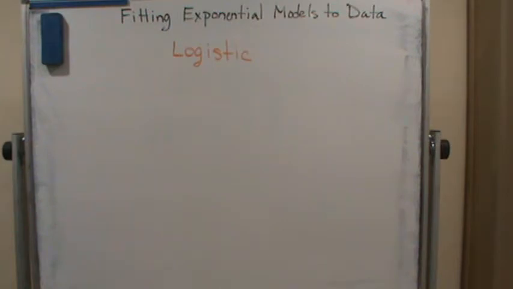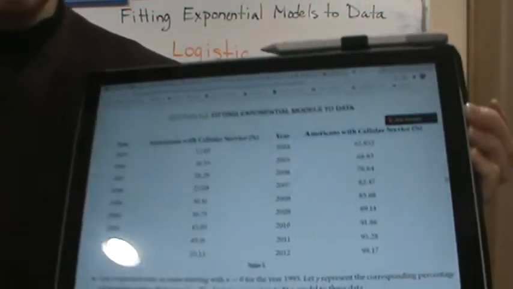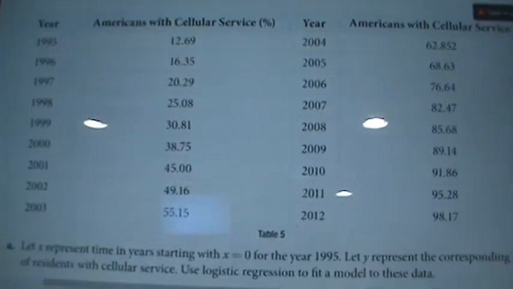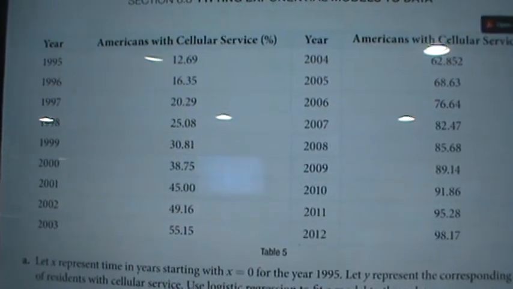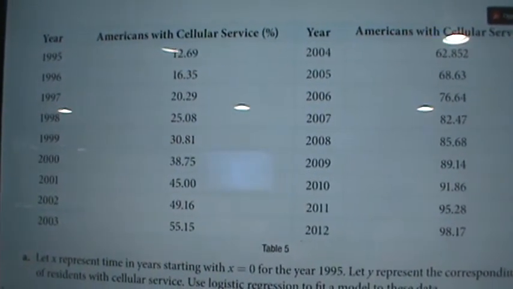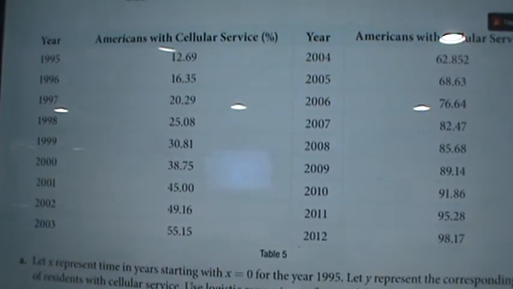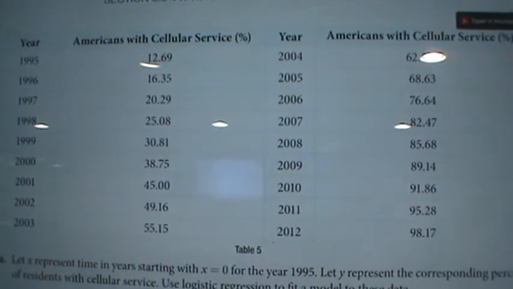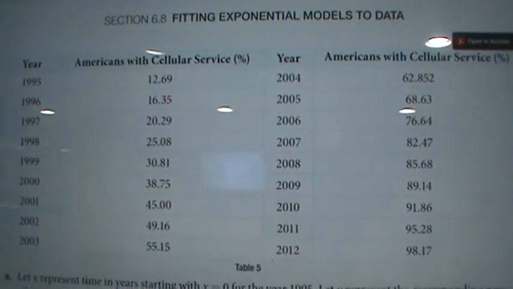Okay, sorry about that. Okay, so here is the data. Okay, so that's the table of the data. It's the year from 1995 to 2012, and it's the Americans with cellular services as a percentage.